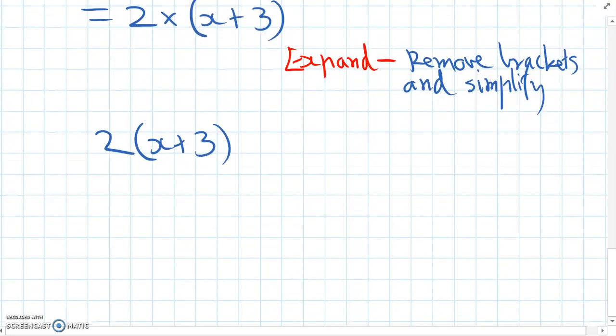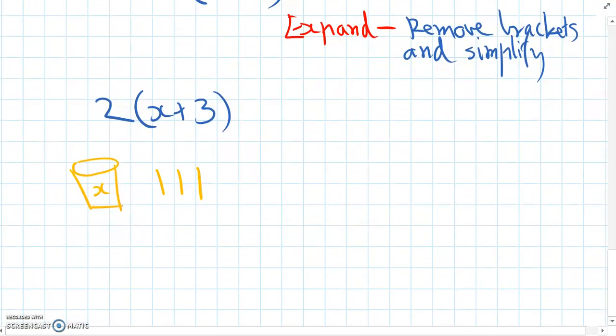So if we want to draw this expression with the cups and the straws, let's just start with the x plus 3. Remember, a cup is our x because it's a variable, and we have just the number 3, so 3 straws. But the 2 in front of the brackets means times.